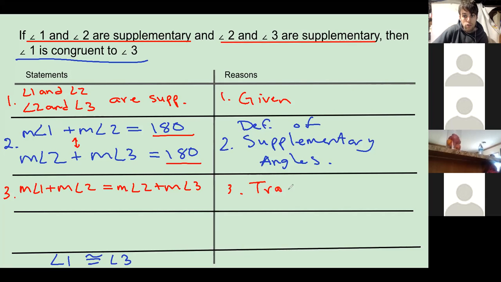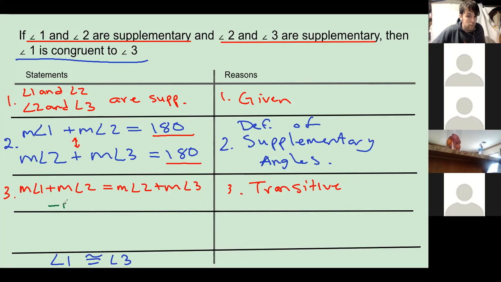And that's using the transitive property. So we're able to take our two equations, put them together into one equation, and conveniently, we can change this equation so that we actually end up with just angle 1 and angle 3.